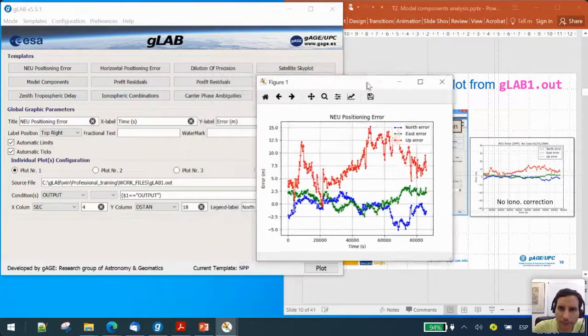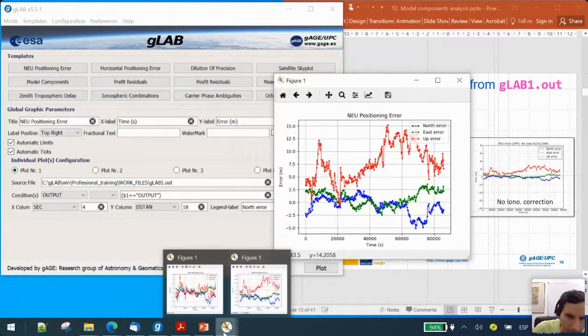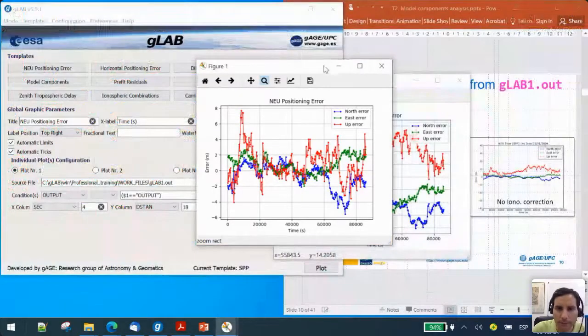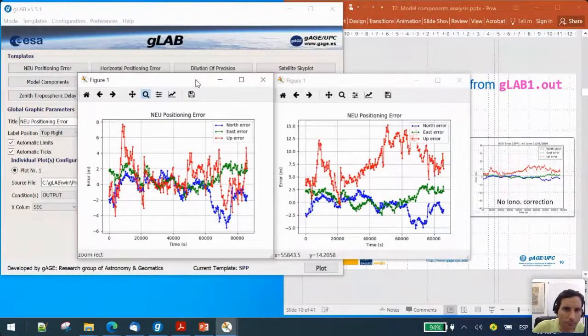Here we have the plot. This is different from the one in the slide because I did not set the limits. Here I still have the original result, also without automatic limits.